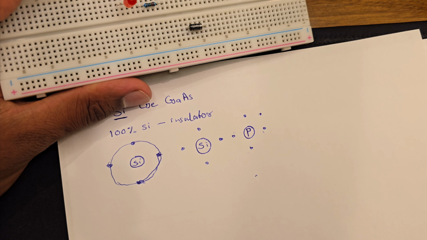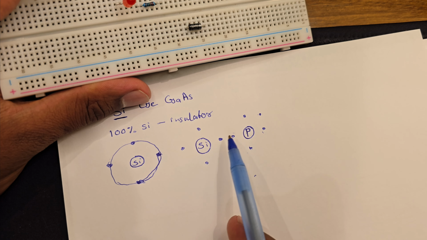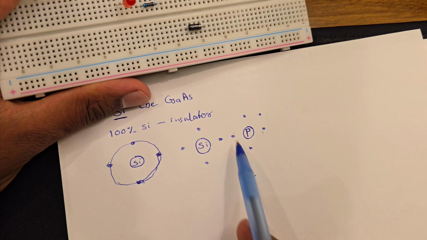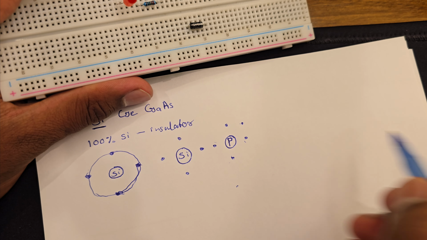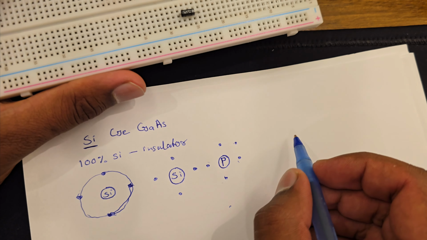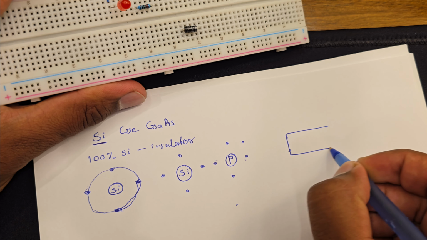So what happens when we add an atom like phosphorus to a pure silicon semiconductor? We end up with many free electrons in the crystal, and that is called an n-type semiconductor. So this is our semiconductor crystal.